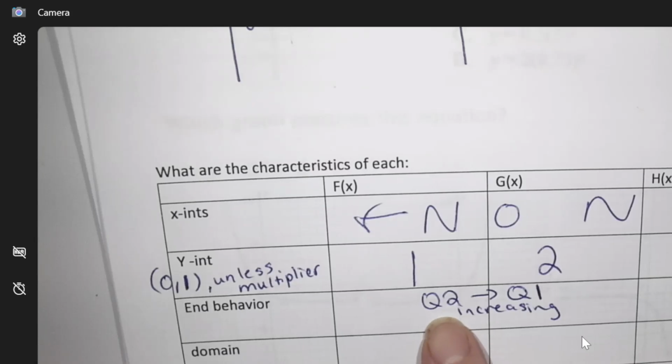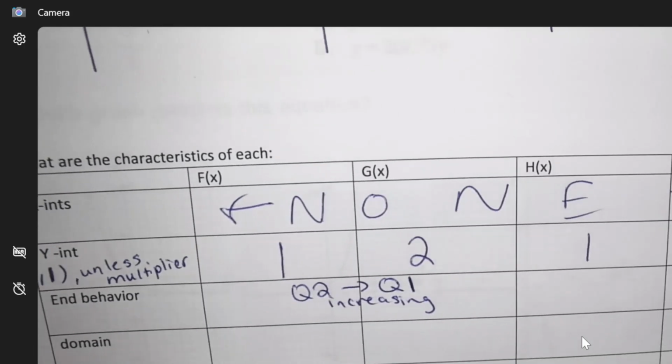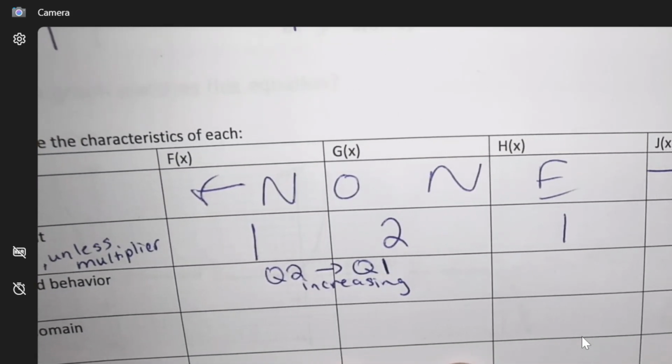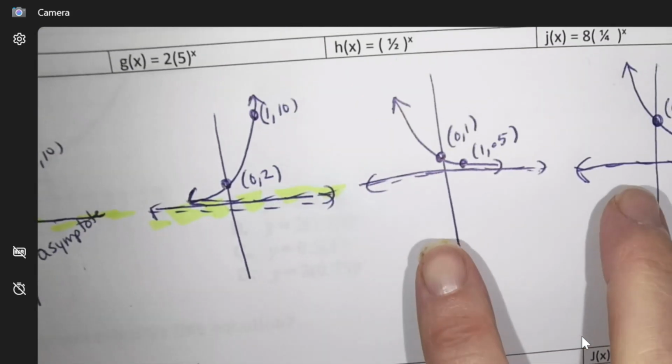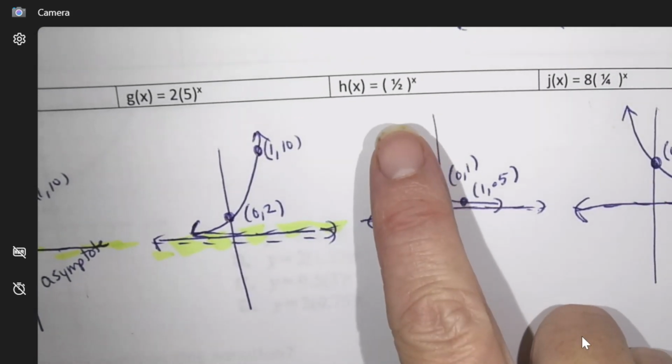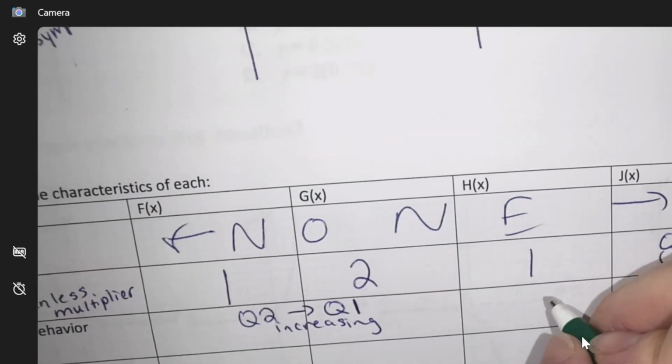So this one is going from quadrant 2 to 1 as it's increasing. Okay, then we have our H and our J doing the same thing as each other. They're going from quadrant 2 to quadrant 1 also, but they are decreasing.